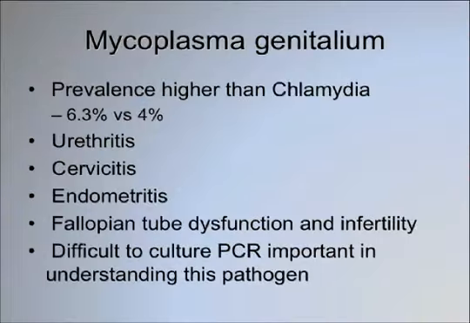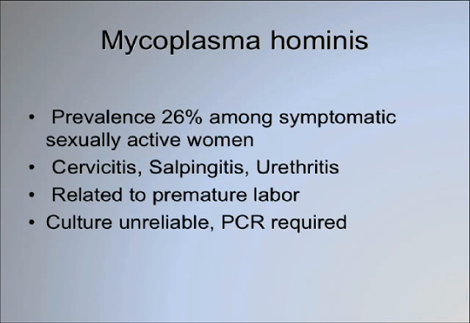Same thing is true for mycoplasma. Same things are operating here, and these contribute to a variety of other symptoms, including cervicitis and endometritis and fallopian tube dysfunction relating to infertility issues. Mycoplasma hominis, same thing. All of these organisms are contributing the same way, and all of them represent the same problem in terms of identifying them, either in culture, and they certainly cannot be identified with a stain.